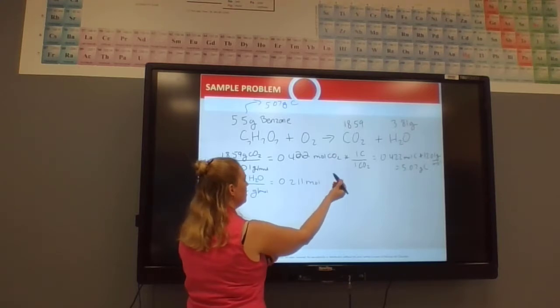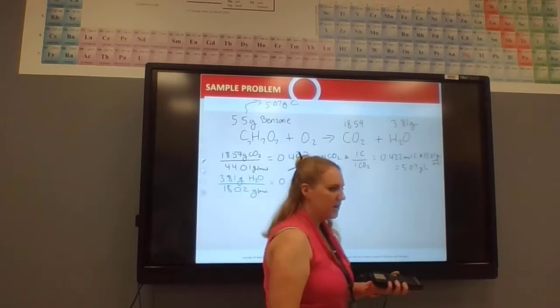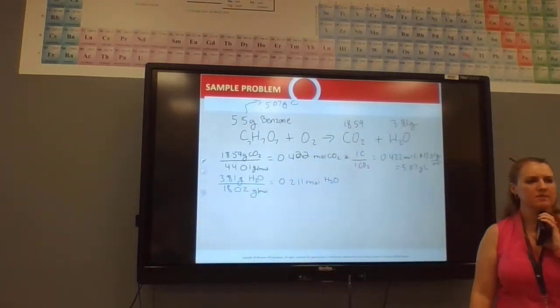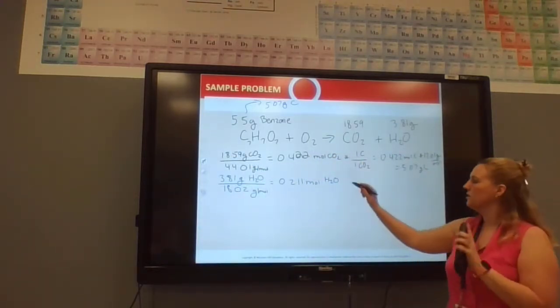Now that I have moles of water, what do I do with that? Multiply by. So what's my ratio going to be? 2 hydrogens to 1 water.